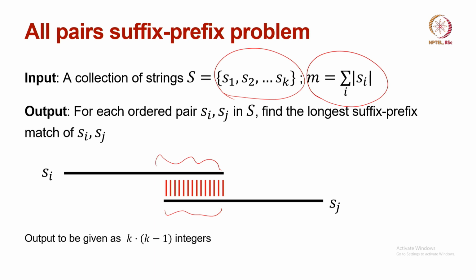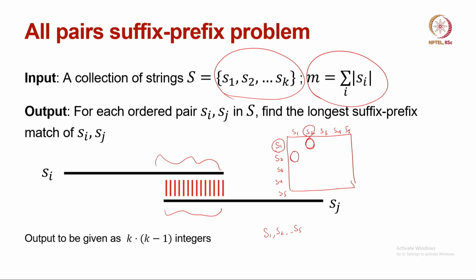So, you can imagine that the output size is k times k minus 1, because I will have to report the output as a matrix, right. So, for example, if I am given 5 sequences as input, S1 until S5, then I will have to report the output as a 5 cross 5 matrix. For example, this cell will tell you the longest suffix of S1 that matches prefix of S2.